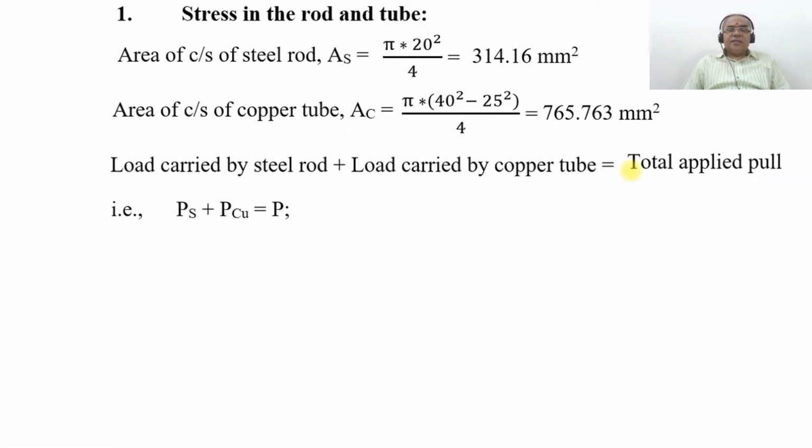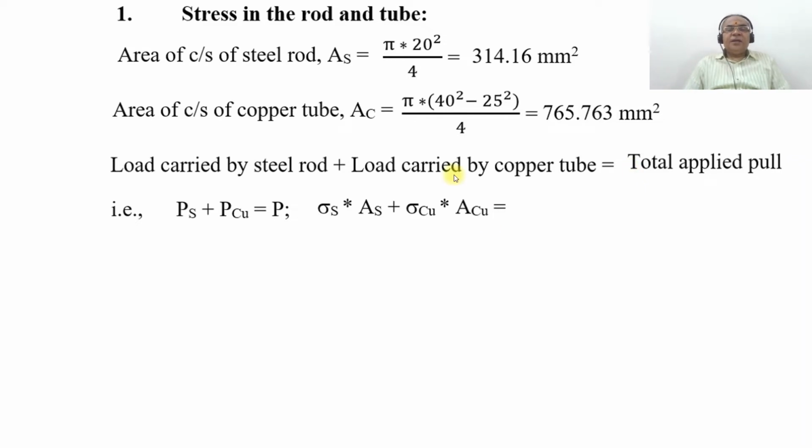We don't know the value of PS and also we don't know the value of PC, but we know the total load, which is 50 kilonewton. Stress is the load by area of cross section, so sigma S into AS is equal to PS.